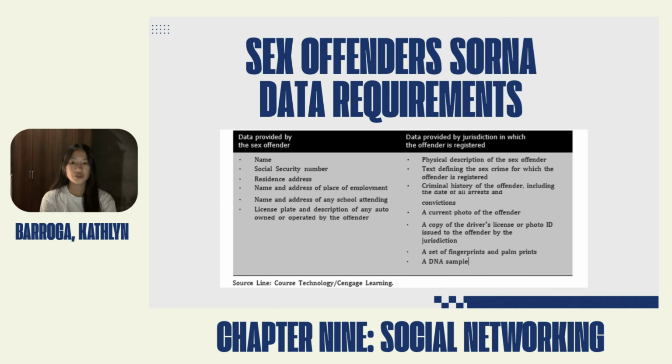The picture shows two important parts of the SORNA system. First, the data requirements include personal information such as the offender's name, address, workplace, physical description, photo, criminal history, fingerprints, and DNA sample, which help authorities properly identify and monitor offenders.